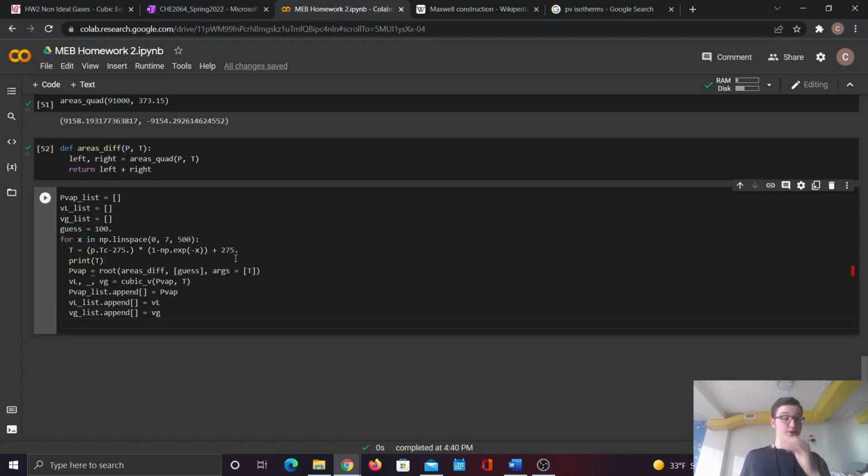Now, we also want to update our guess to update PVAP at the very least. So we're going to have guess is equal to PVAP.